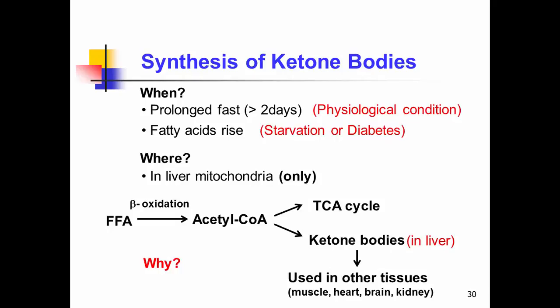Once the ketone body is synthesized in the liver, it is released into circulation, picked up by other tissues, and utilized as energy there. I want to tell you that the liver makes ketone bodies but does not utilize ketone bodies. We will go through the reason why the liver cannot utilize the ketone bodies later.